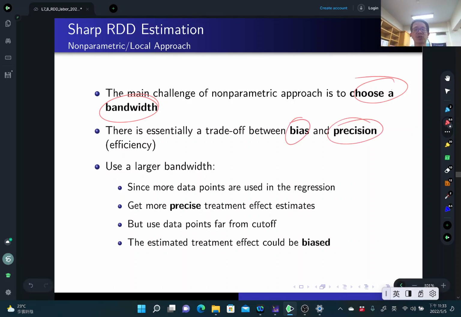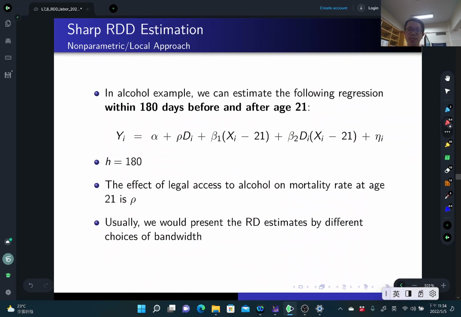If you choose a large bandwidth, you get more data points and a more precise treatment effect estimate. But you will use data points very far from the cutoff, and that will make your discontinuity estimate biased if the bandwidth is too large. So the key for this approach is how to choose the bandwidth.